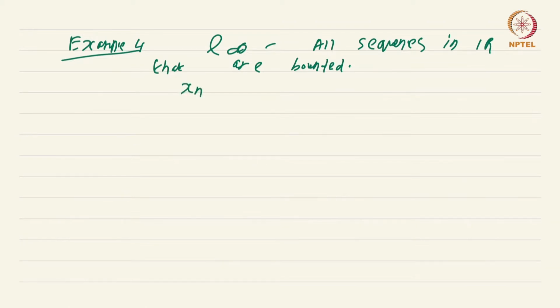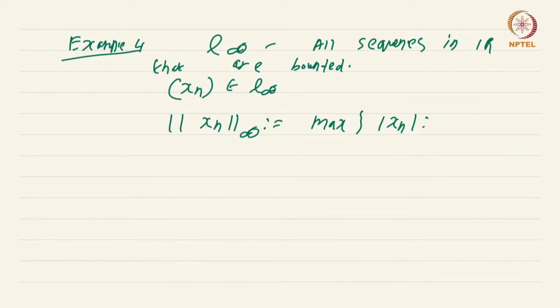If xn is a sequence in l infinity, we define the norm of xn to be, as you can guess, the maximum of |xn| such that n comes from the natural numbers. You take the highest absolute value in this sequence. Since this is bounded, such a maximum will exist. To be 100% precise, I shouldn't really use maximum, I should use supremum, because it's quite conceivable that this highest value is not really part of the sequence.